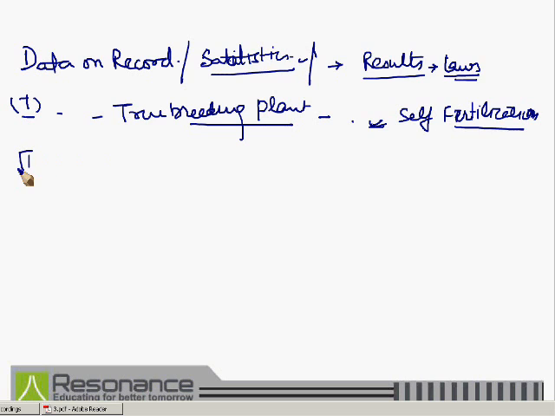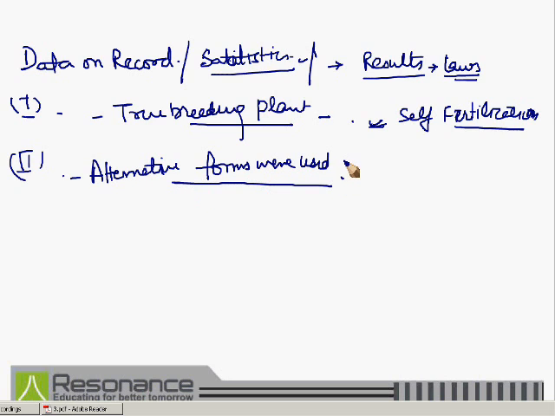The second important point regarding Mendel's experiment is that he performed the process of cross-pollination of alternative forms of a trait. Alternative forms were used by Mendel. For example, for tallness, there was the alternative form of dwarfness.